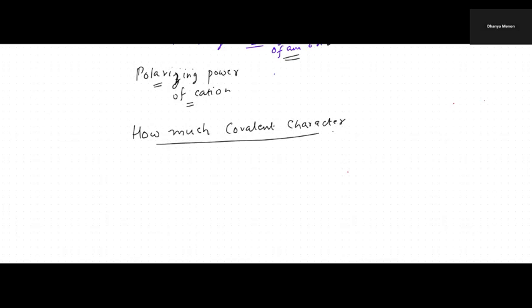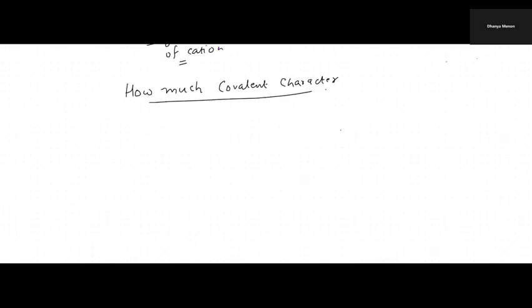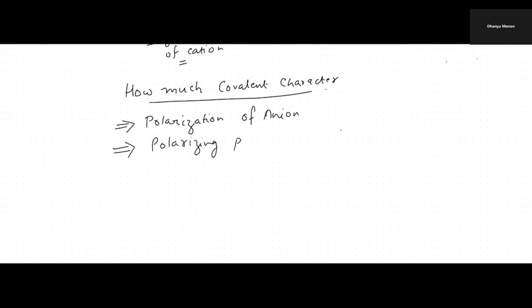Now that depends upon two factors. One is polarization, that depends on polarization of anion and polarizing power of cation.